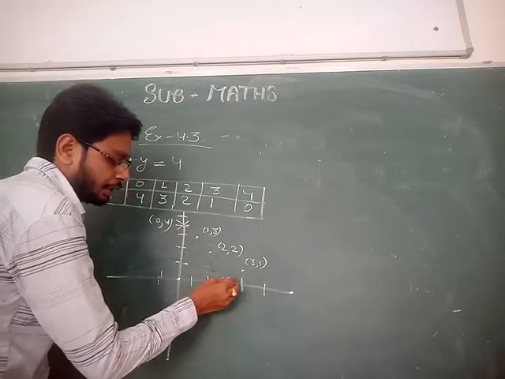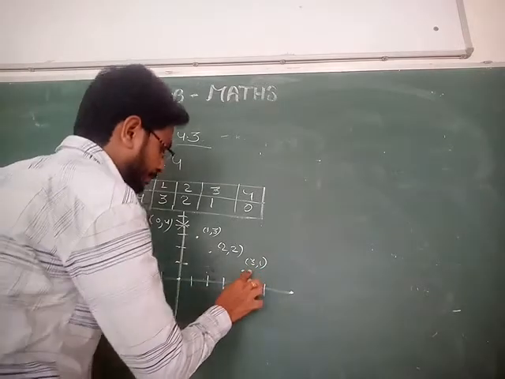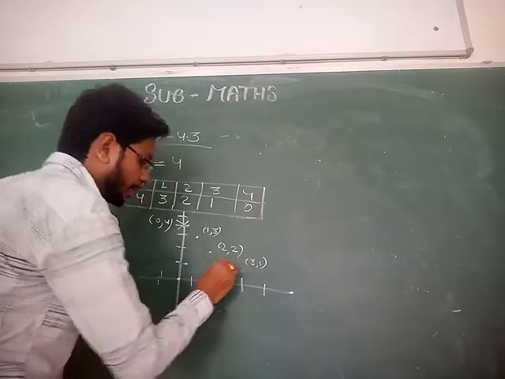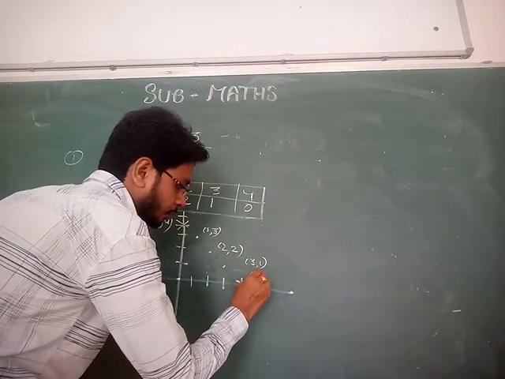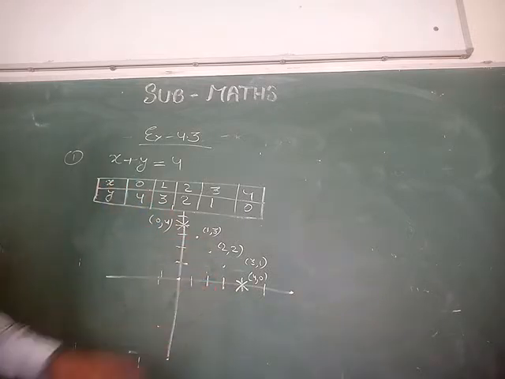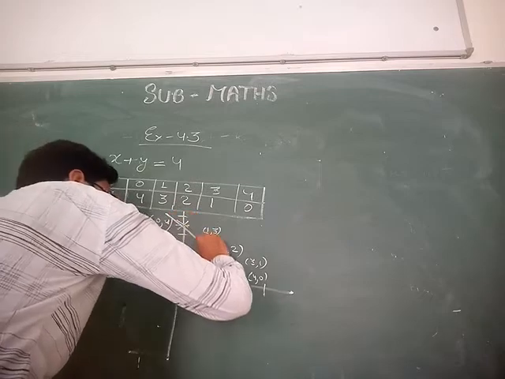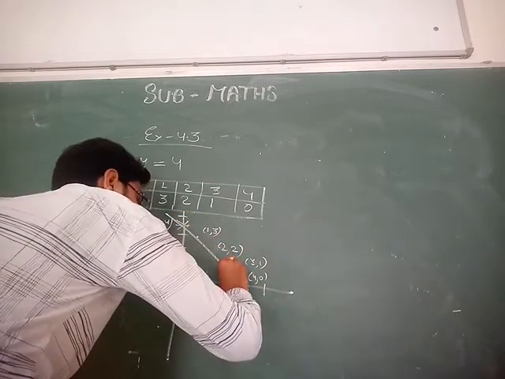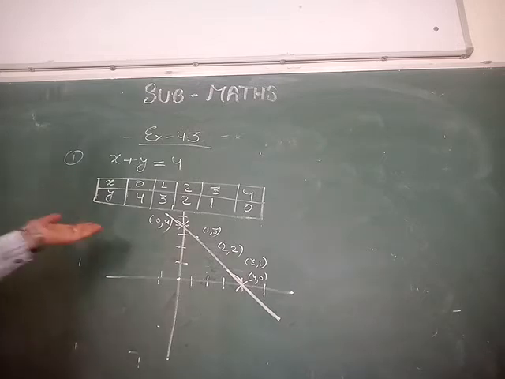That is 4, 0 on the x-axis. Now draw a straight line by joining these points. Yes, like this. So this is a straight line.